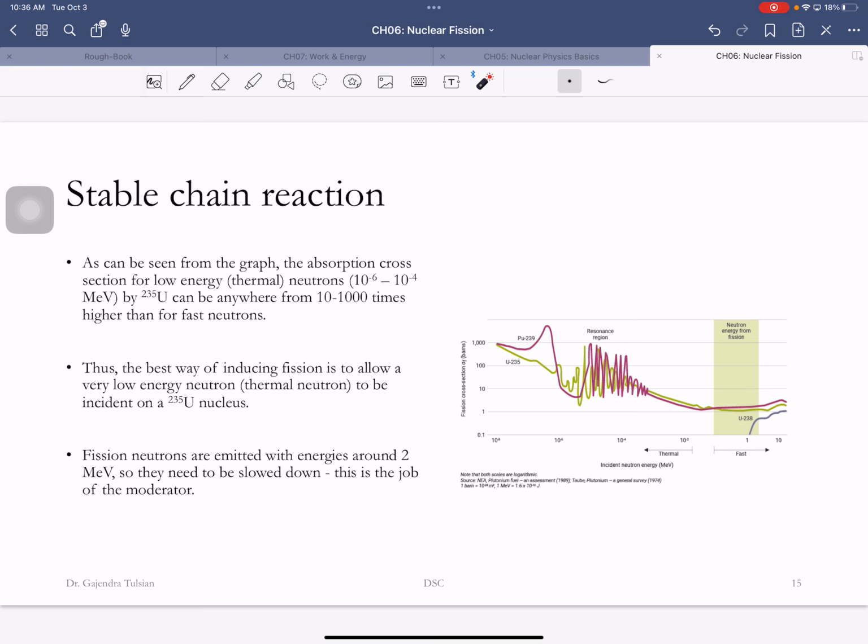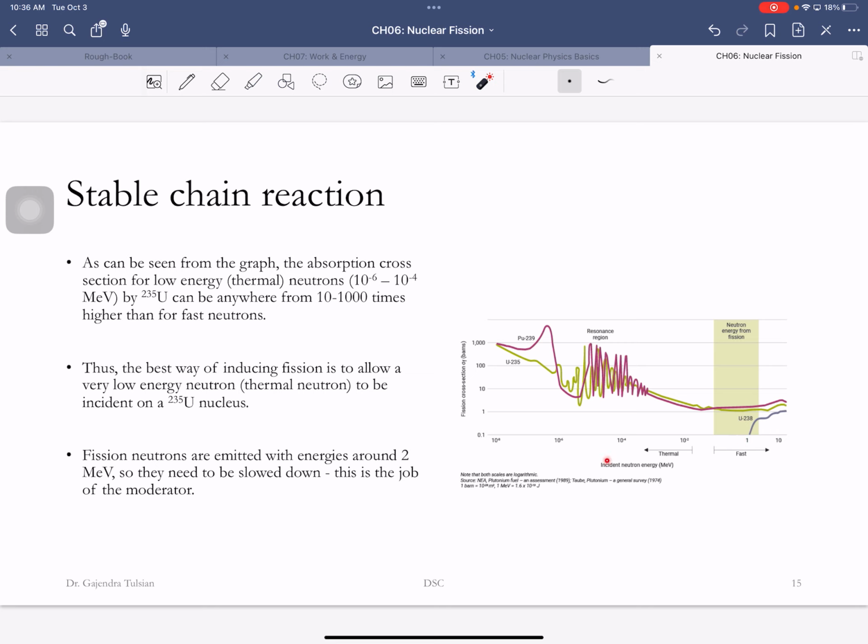So again, the fission cross-section: what is the probability of a neutron causing a fission? And this is the neutron energy. If the neutron energy is high, the fission cross-section is low.